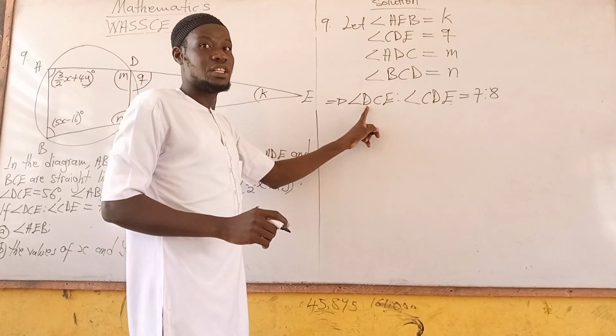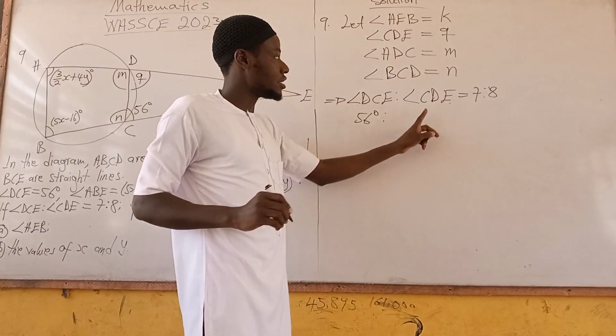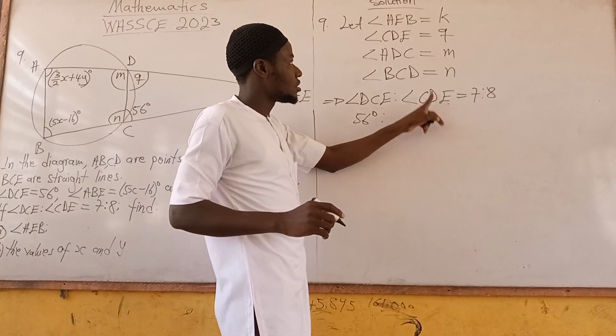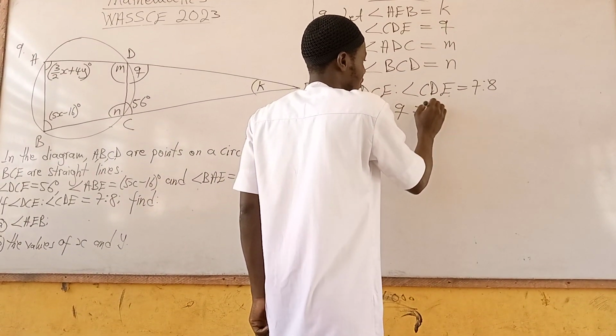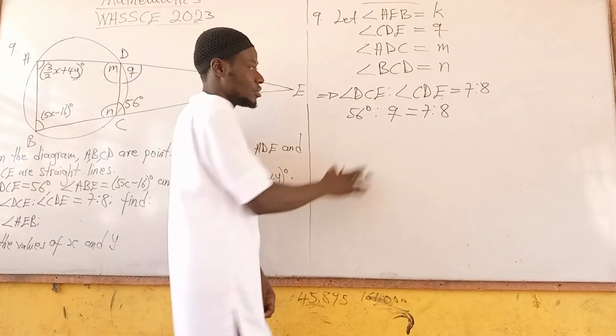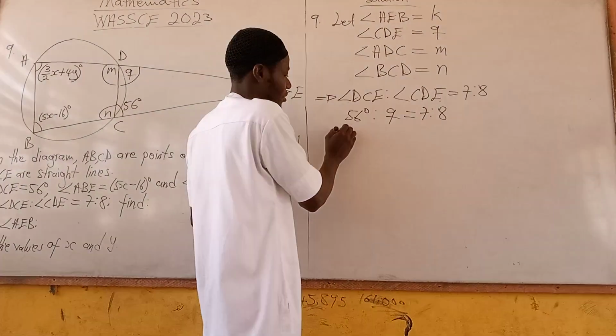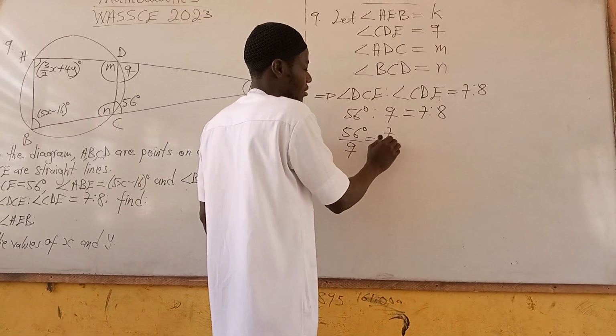We have this angle given as 56 degrees, and angle CDE to be Q. So we have 56 degrees divided by Q is equal to 7 divided by 8.